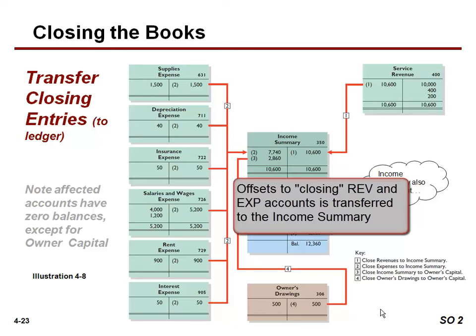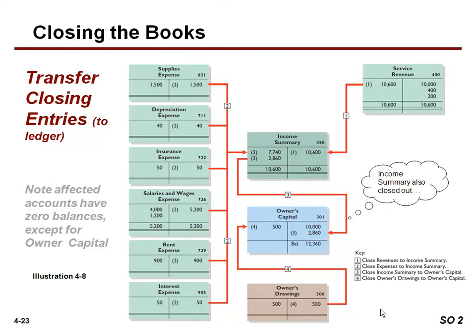Likewise, the individual expense balances, taking supply expense as an example, it had a $1,500 debit entry before we made the closing entry of $1,500 credit. Depreciation expense had a debit balance of $40. We credited for $40, the opposite entry.